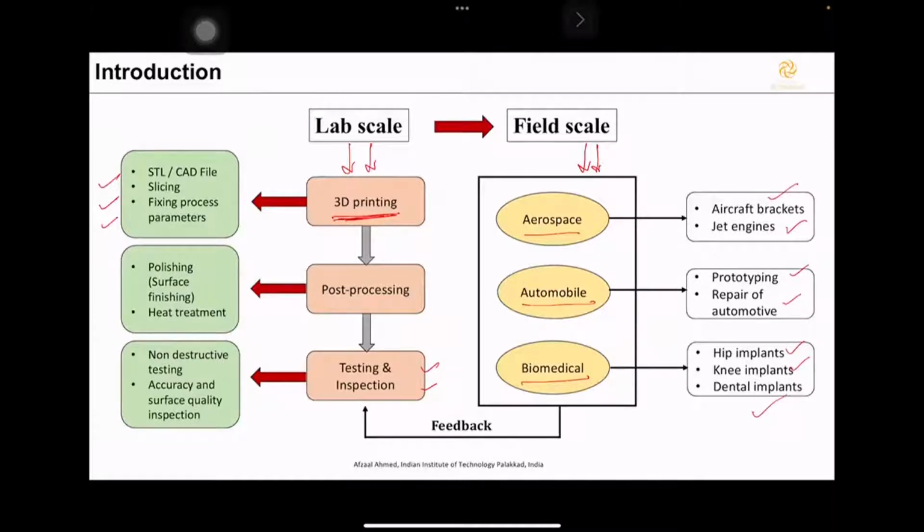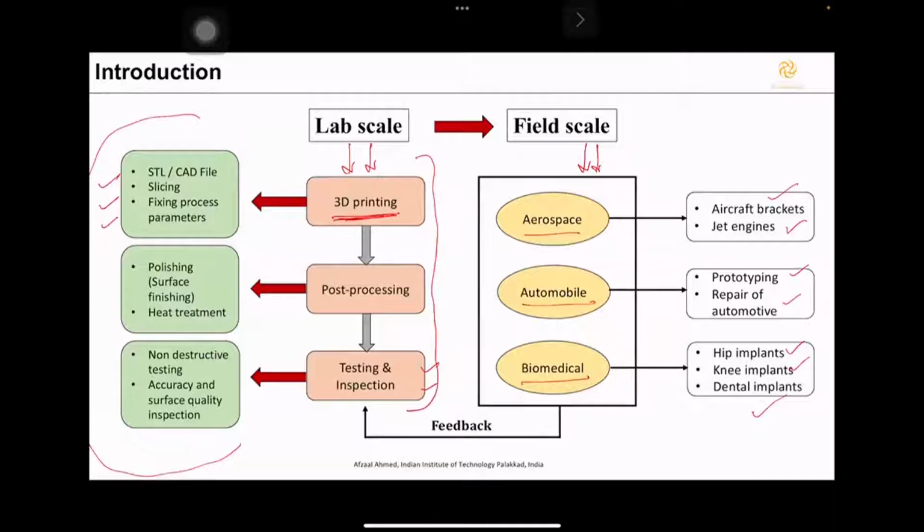Now, based on all these investigations at lab scale, we propose a set of methodology, or I would say a set of parameters, as well as inspection techniques and post-processing methods to suit a particular field scale industry.